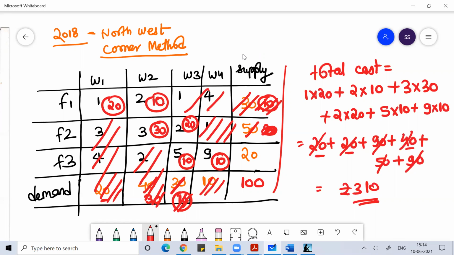Can you understand this? Any doubt? So I did the 16, 17, 18 papers, all the northwest corner method problems, guys. Every year you will get a 5 marks question based on this. If you have the 19 or 20 paper, I don't think your exam happened. If you have the 19 paper with you, you can let me know and give it to me. I don't have the 19 paper.